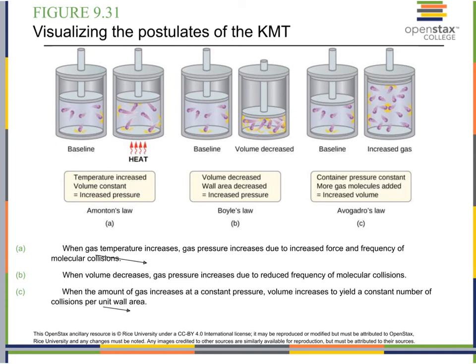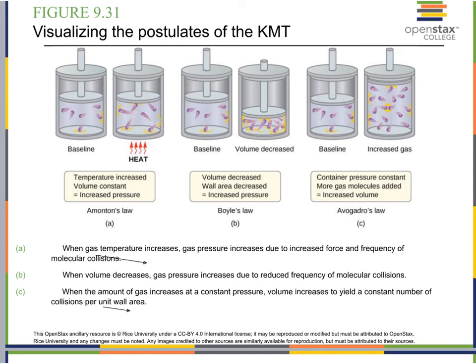If we take a look at these different laws that we've talked about and look at the changes, as you increase the temperature, you have to increase the volume because the pressure these particles are exerting is greater according to the kinetic molecular theory. As you decrease the volume, the pressure is going to increase because these particles are in a smaller space.